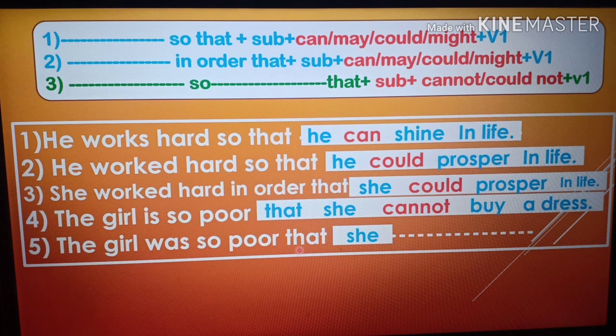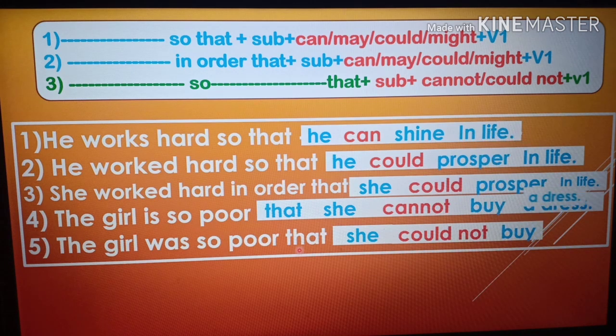That's why we have to use subject she instead of the girl. And then as it is in past indefinite, we have to use could not. The girl was so poor that she could not buy a dress. So dear students, you have understood these examples well, I think.